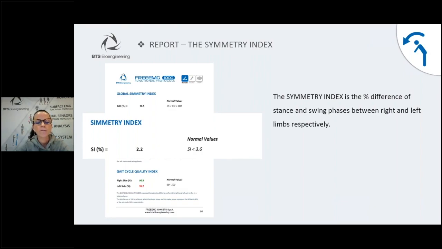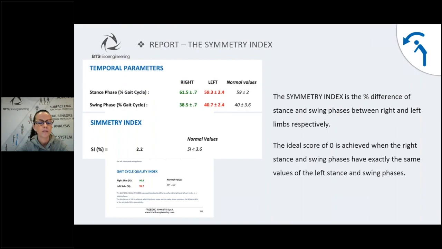The values of the phases are shown on the next page within the time parameters table, but for convenience, I report them here to make the explanation even clearer. As you can see, the difference between the value of the left and the right stance phases is exactly 2.2, which is the value of the index.